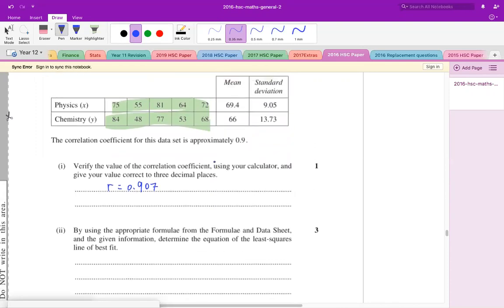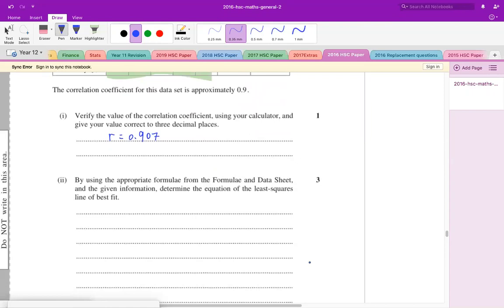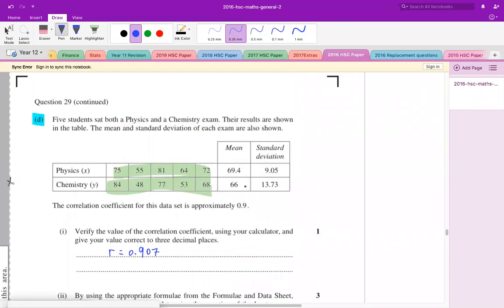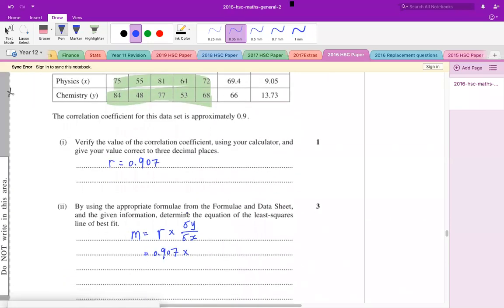Okay, so the next part it says you need to use the formulas to find a line of least squares. So I remember from memory, m is equal to r times sigma of y over sigma of x. So you have 0.907 times sigma of y, that is 13.73, over 9.05.